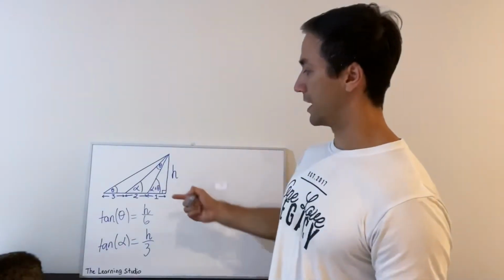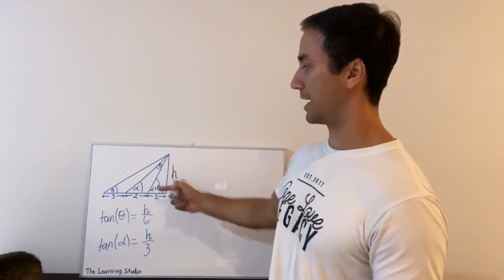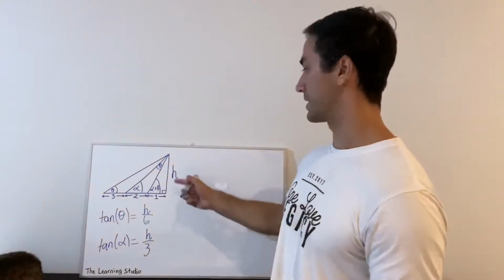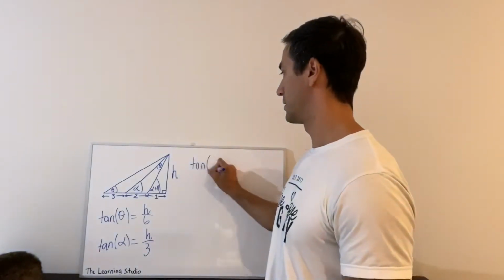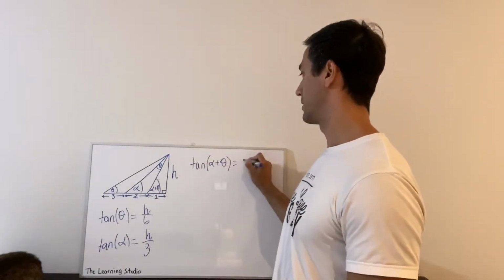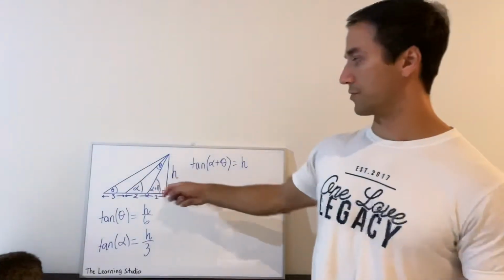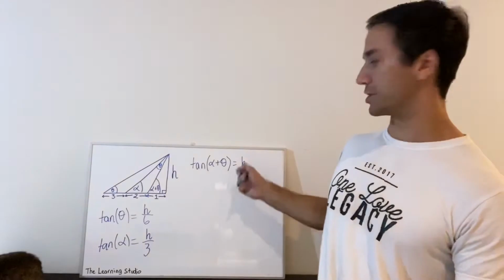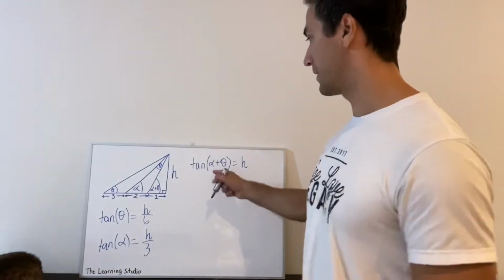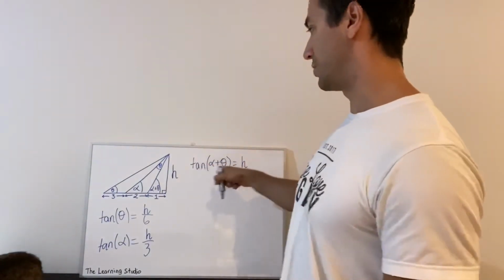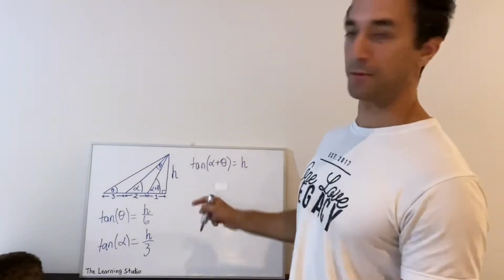Alright, so finally we're going to use the small right angle triangle, and the small right angle triangle tells us that tan of this angle is h over 1, which is just h.